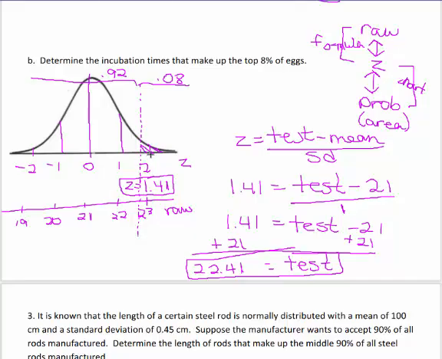It came down right inside the second standard deviation, so that means right inside 23. Does that work here? Yes, it does, because that's in between 22 and 23. So those all match. 92% to the left is equal to 1.41 in Z world, which is equal to 22.41 in egg incubation world. So in the raw data world. Okay, so on to the next problem.